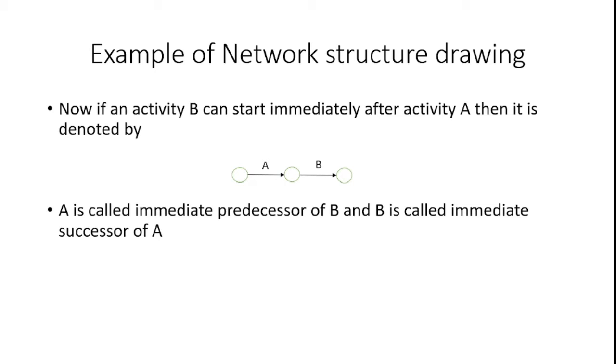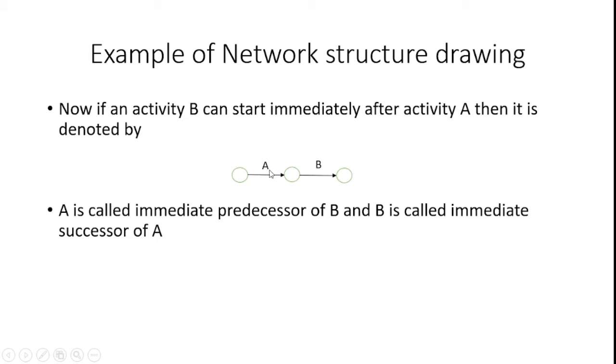Now, an example of network structure drawing. How can we draw the network? There are some rules available. In the basic rule, for example, consider activity B starting after activity A. If activity B can start immediately after activity A, then it is denoted by a node, and after that the activity is represented with an arrow mark.